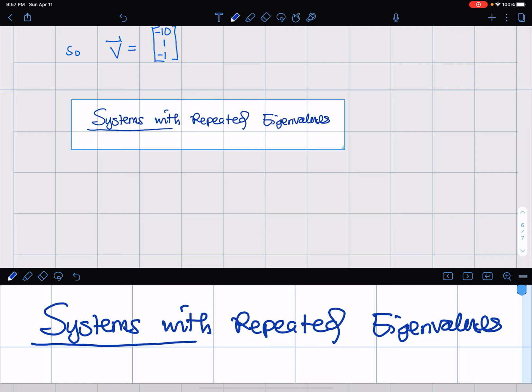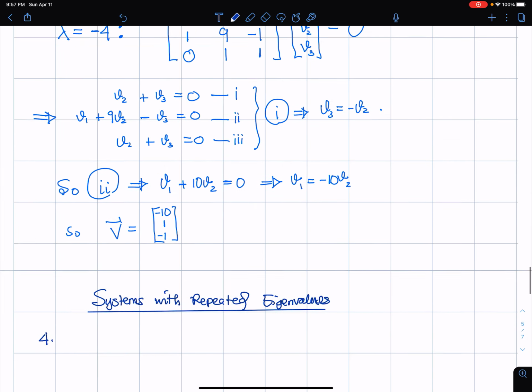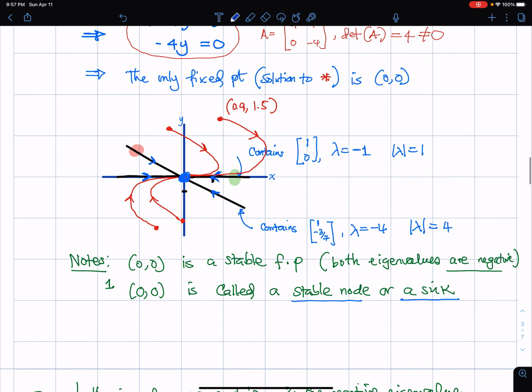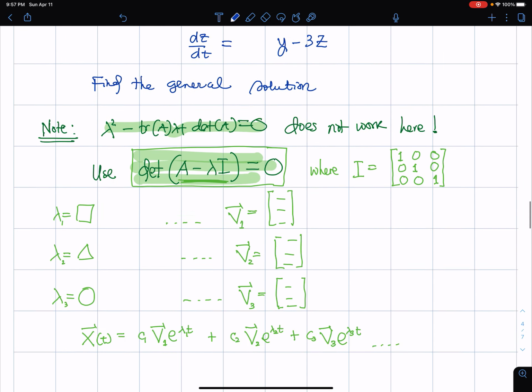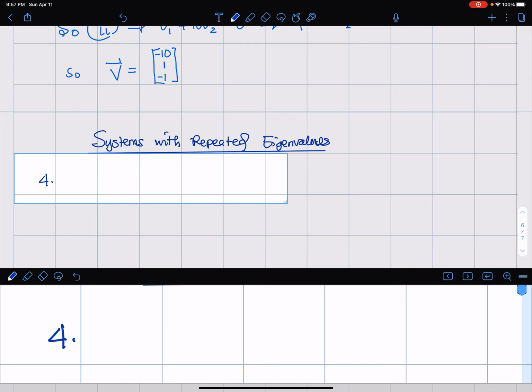Maybe I'll call this example 4. No. What do I call it? Let me call it example 3.